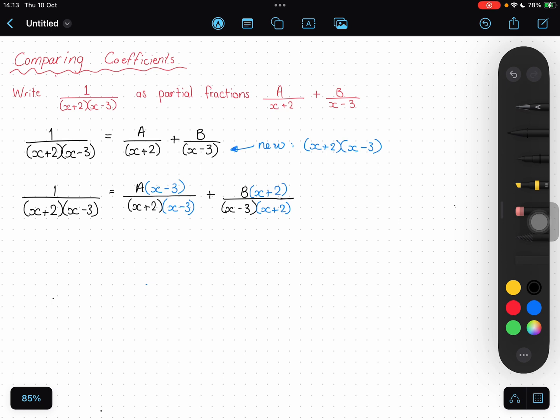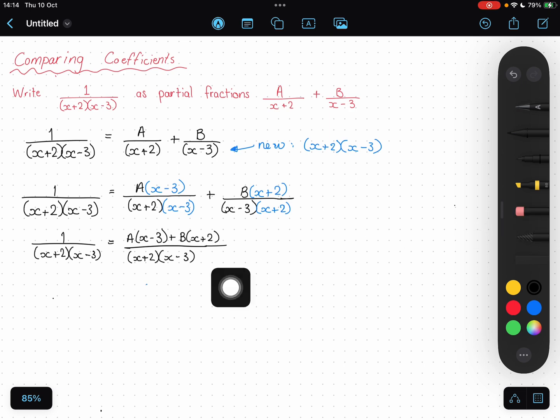Now that we have a common denominator, I can write out the denominator once on the right hand side, so x plus 2 times x minus 3, and then I can just put everything from the numerators together on this top line. So I have an A times x minus 3 plus B times x plus 2. That's all on the top line there.